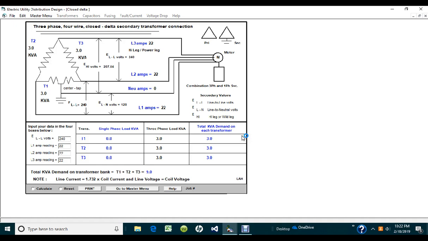Alright, well, over here in the bottom, what it has here is a grid table that shows each transformer 1, 2, and 3. It says single phase load on transformer 1 is 0, transformer 2 is 0, and 3.